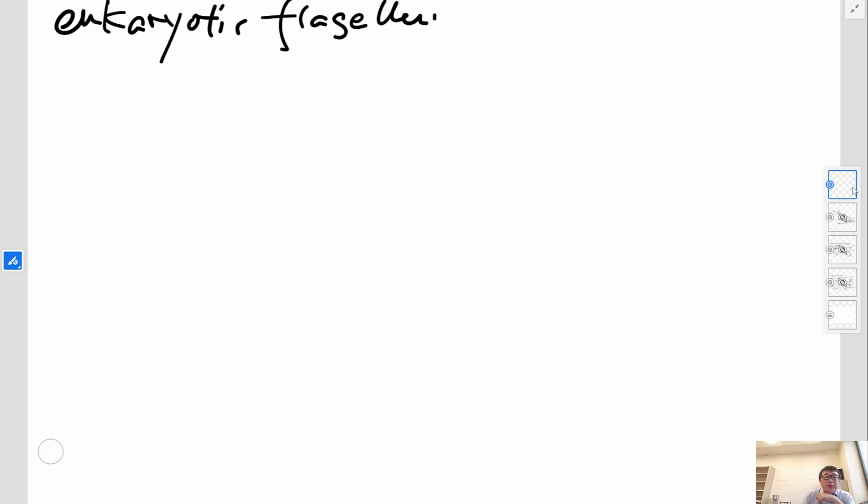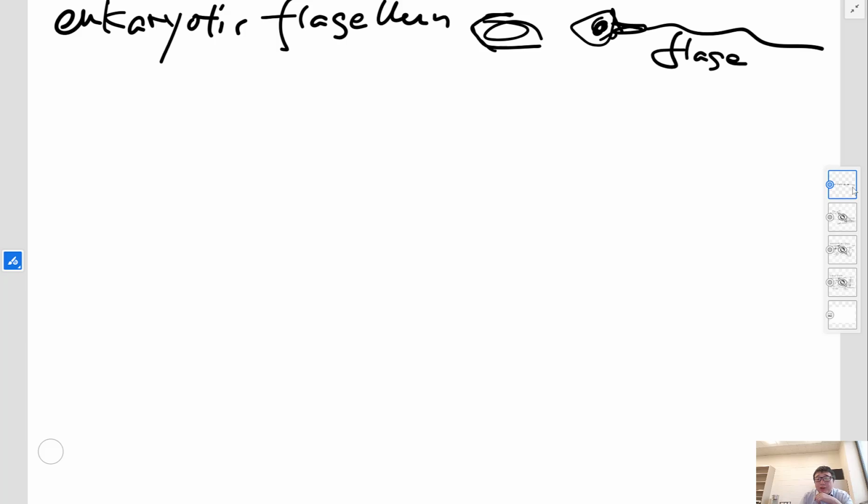A eukaryotic flagellum is called flagellum because, for example, I'm trying to draw a sperm. You can draw a sperm here. This is a long tail of the sperm. This is a flagellum.